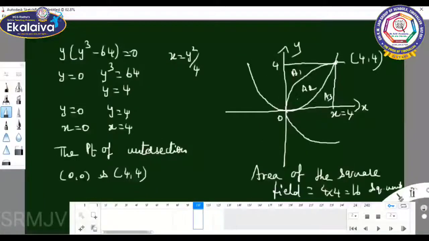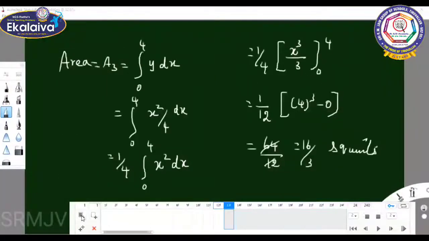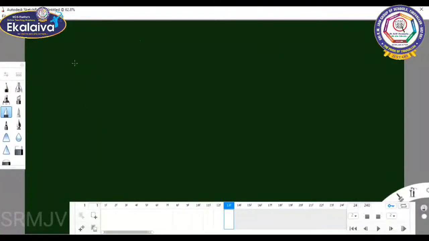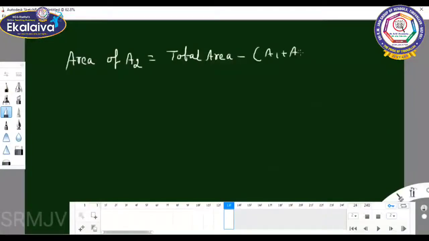Now you should find out the A2 area, the bounded area. The area of A2 is the total area minus A1 plus A3. The total area is 16 minus 16 by 3 plus 16 by 3.